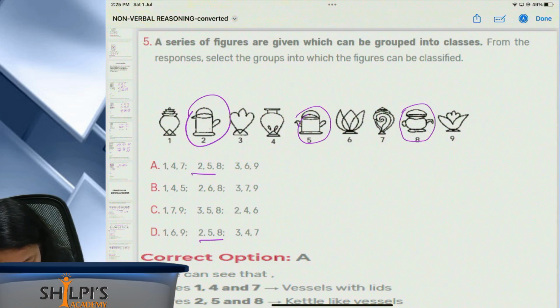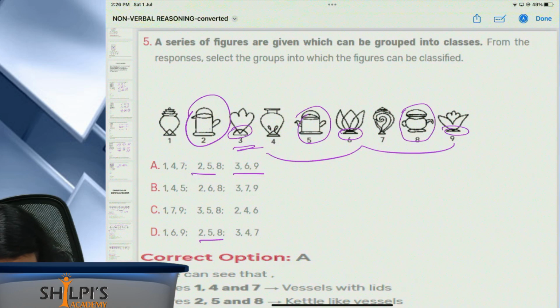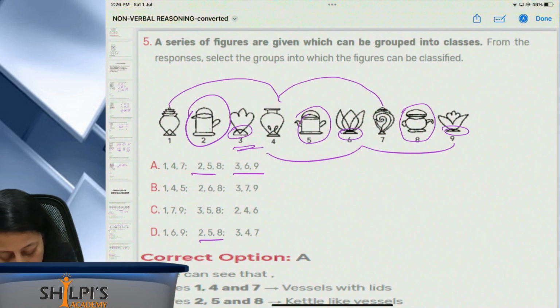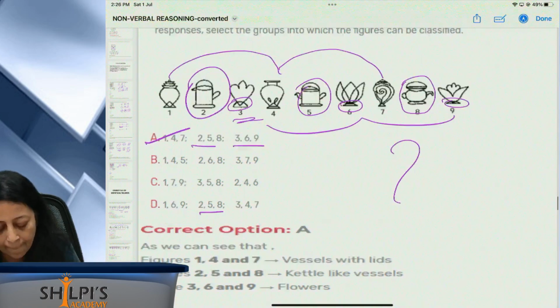It is in 3, with a base and a flower, a base and a flower, and a base and a flower. So 3, 6 and 9 is here. So first one is 1, 4 and 7. This looks like this type. So the option is A.